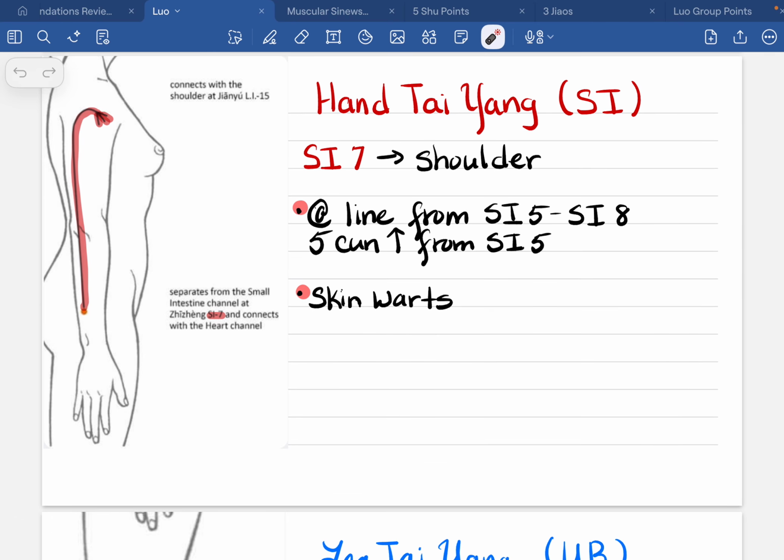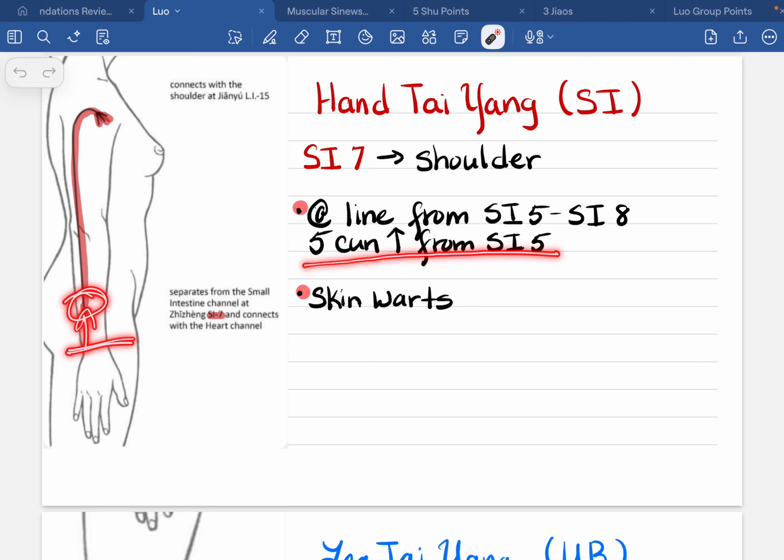Now, the Luo point of SI is SI7. It goes to the shoulders, or approximately around where LI15 is. It's at the line from SI5 and SI8. 5 soon up from SI5.